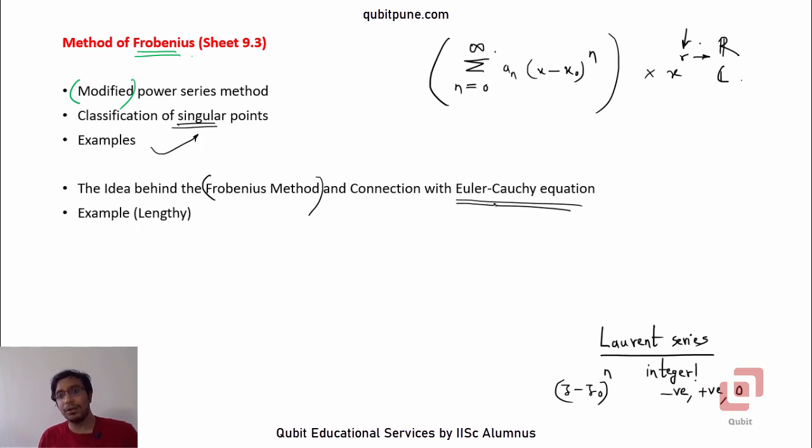If you recall, the Euler-Cauchy equation, the differential equation of second order, is in this form: x squared y double prime plus some constant p naught times x times y prime plus some constant q naught times y equal to, well, you do have a function, but let's take it 0, because currently we are discussing only homogeneous differential equations.